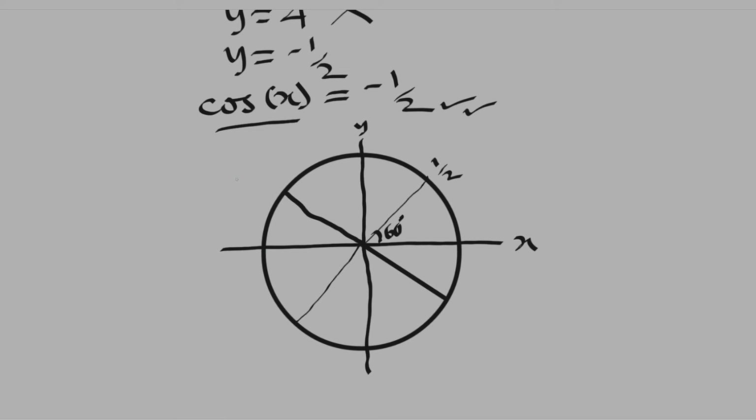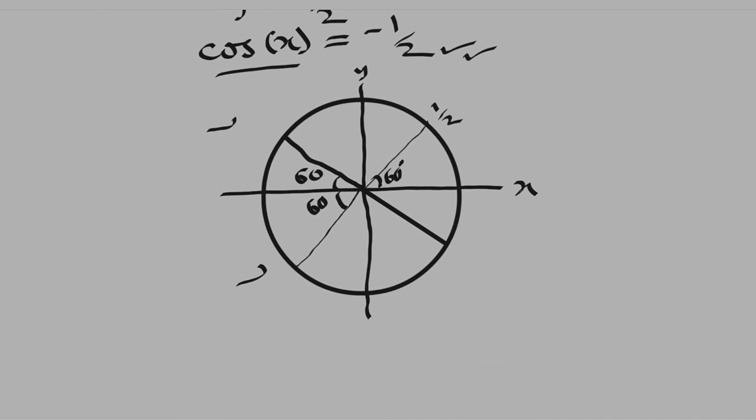We know that in the second quadrant and the third quadrant, cosine is negative. So if this is 60 degrees, this angle right here will be 60 as well. This angle also will be 60 degrees. So now let us go ahead and find these angles.